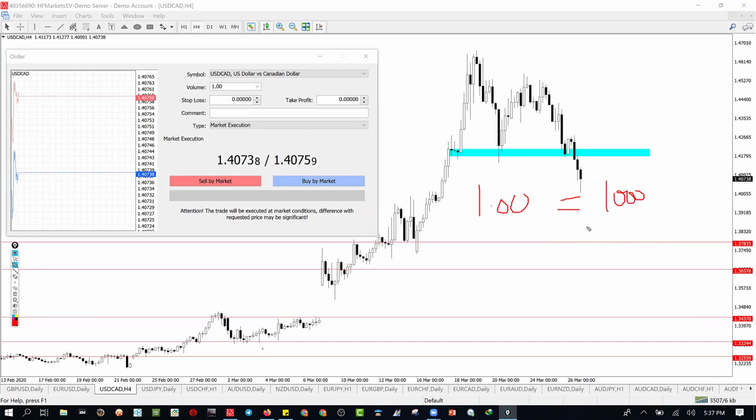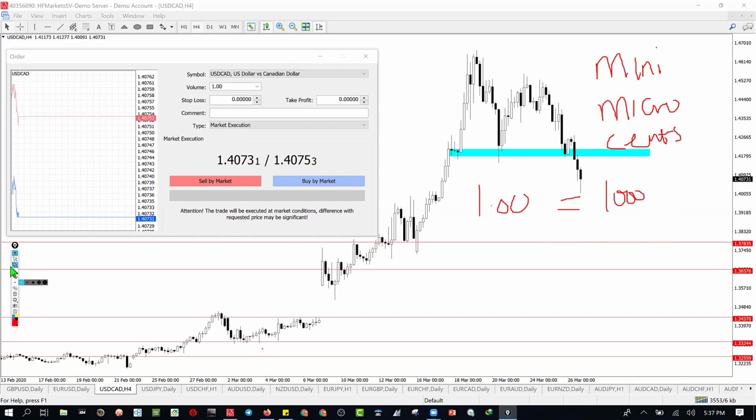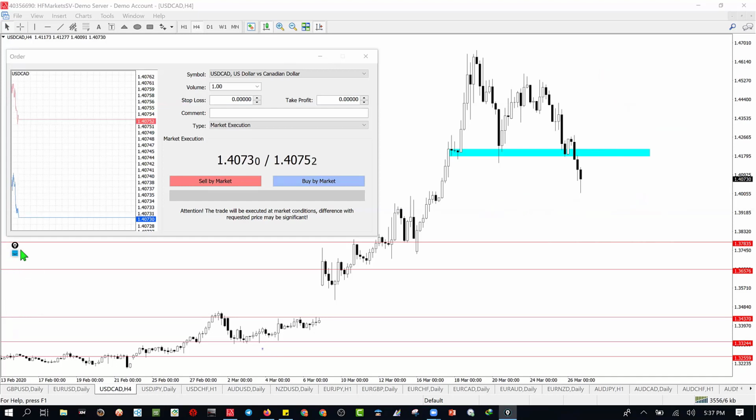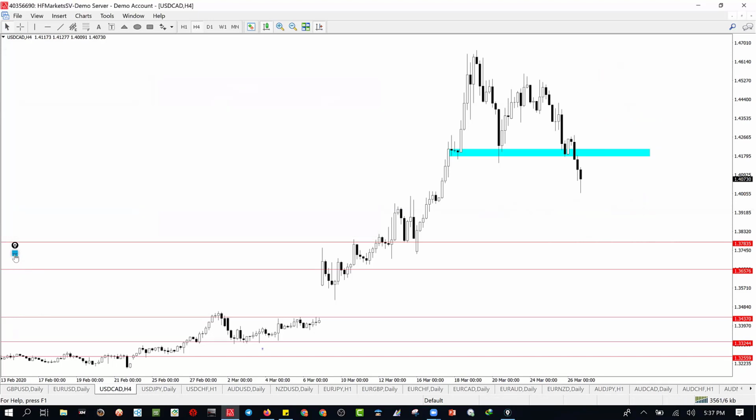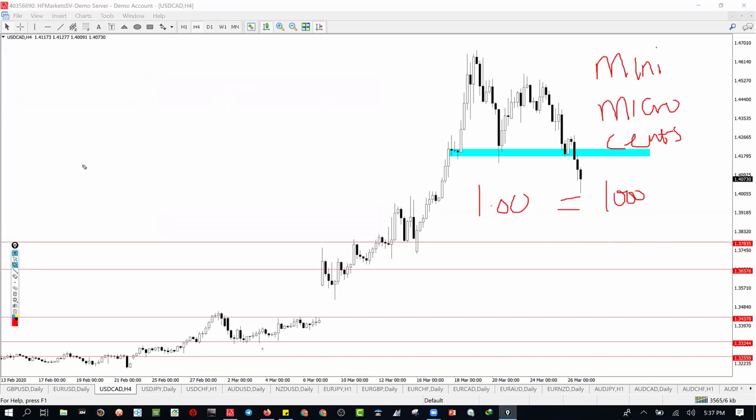Now, some brokerage firms do offer a mini account, while some also offer a micro account, or a cent account. What all this simply means is, let me clean this up so I can have enough space.